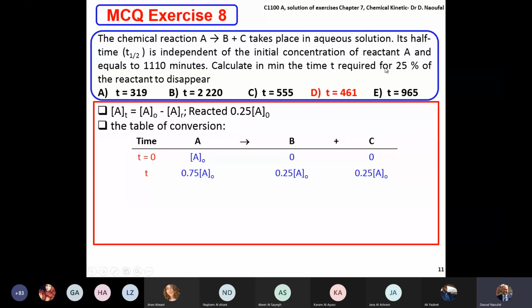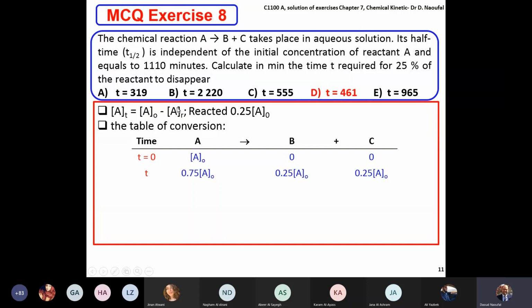What is the meaning of 25% of A disappearing at time T? That means the remaining of A is 75%. If 25% reacted, I have 75% remaining, since the concentration of A at T equals A0 minus the concentration of A reacted.